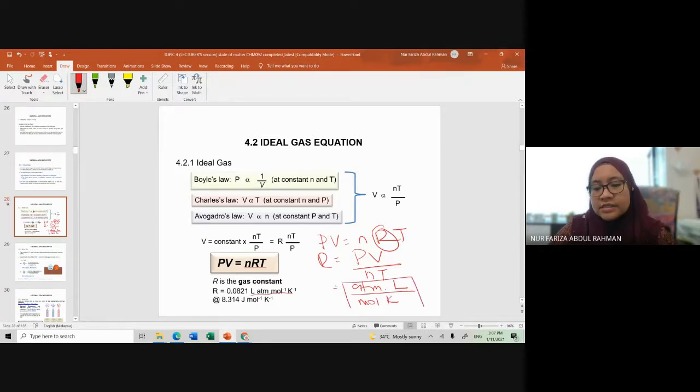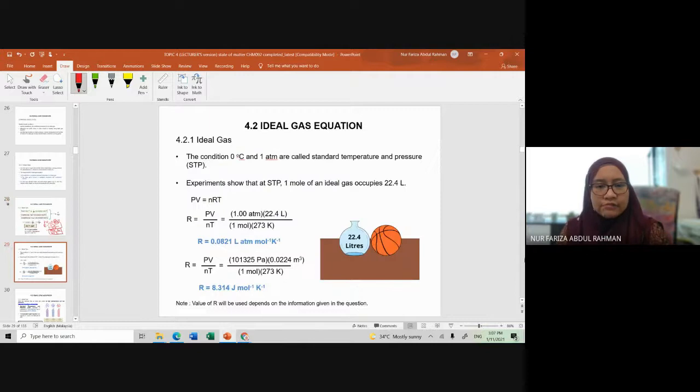So the unit can be derived from the formula itself. In case you don't remember, you can always use the ideal gas formula as your reference.